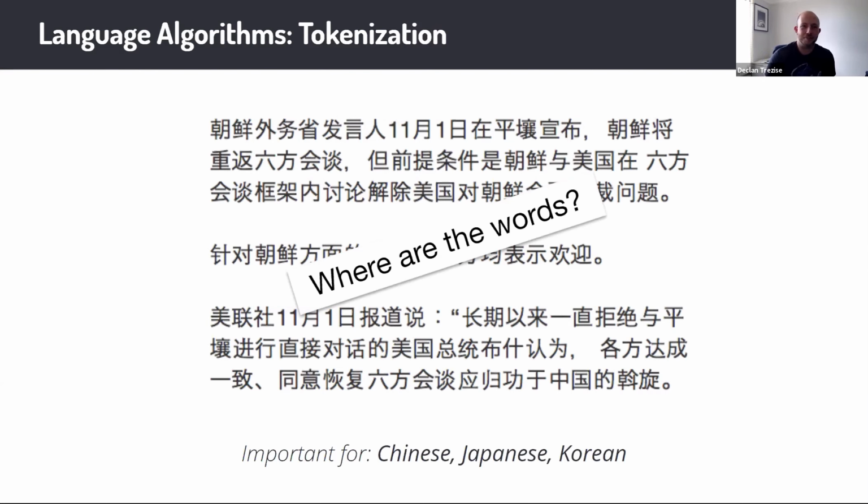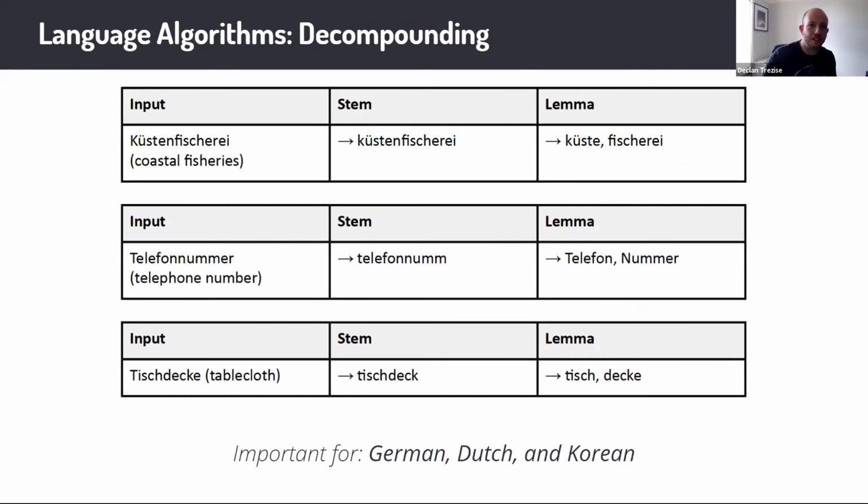You can't just guess at word boundaries. You need to have an algorithm that understands the structure of the language to know where the word boundaries form. Really easy in European languages using Latin and Roman script. More difficult in other languages where the words don't have formal visual boundaries between them.